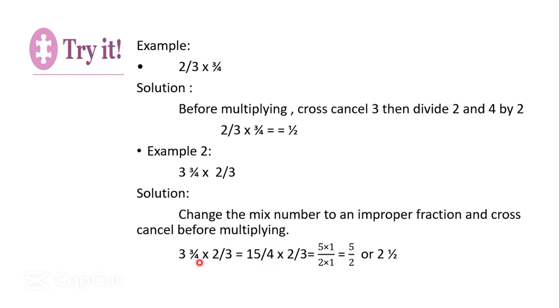Then copy the second factor, 2/3. Then apply cross-canceling, 15 and 3. Do you follow? 15 is the numerator of the first fraction, and 3 is the denominator of the second fraction, and they can be divided by 3. So 15 divided by 3 will become 5.